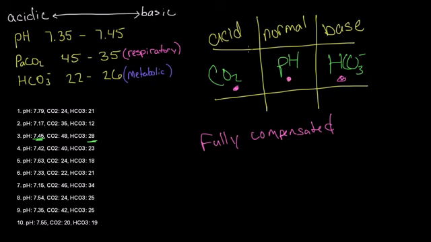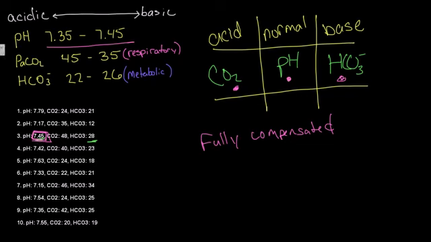One of them is going to be more abnormal than the other, and so we actually have to do an extra step here to figure out which one of these is being more abnormal. So in this case, we have to go back to our pH value in the problem, which in this case it is 7.45. Now we have to ask ourselves which side of our pH scale is 7.45 closer to.